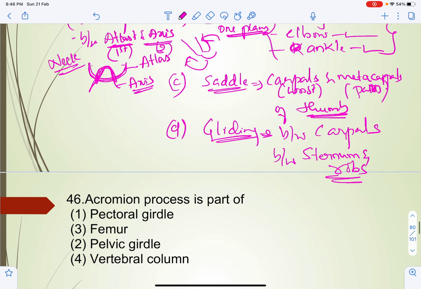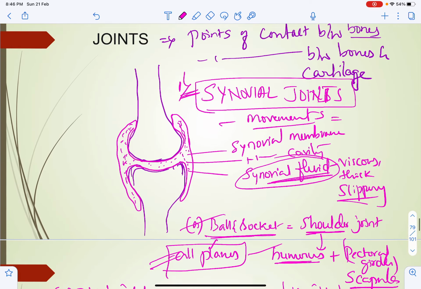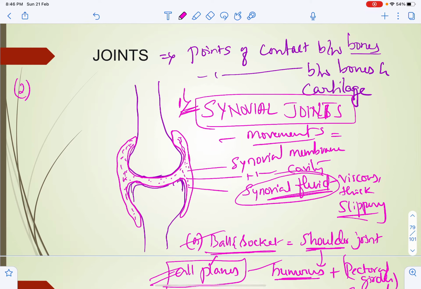The other types of joint: the second type is the fibrous joint. But before taking fibrous joints, where there is more movement here there will be slight movement, that is the cartilaginous joint.